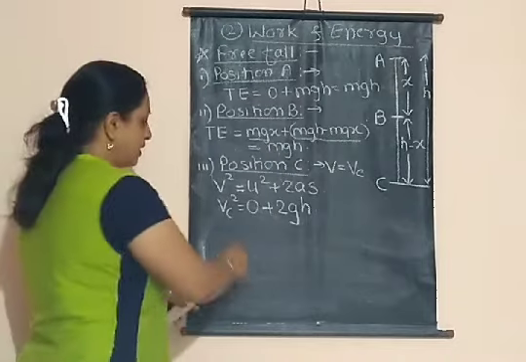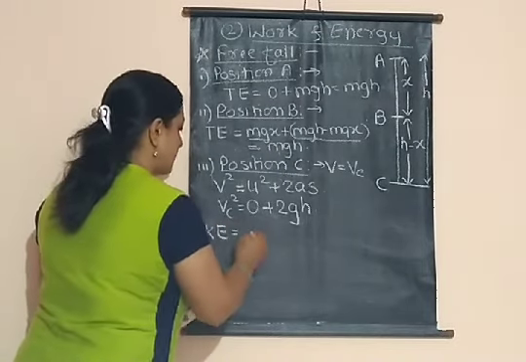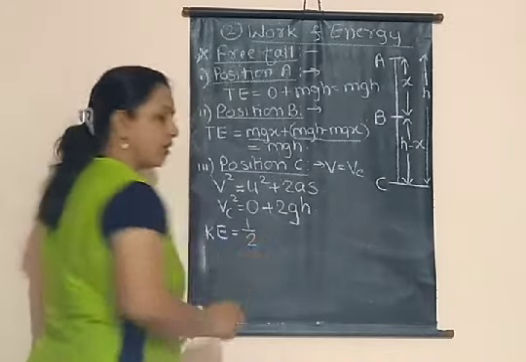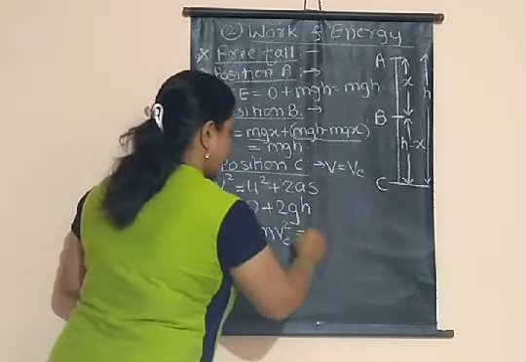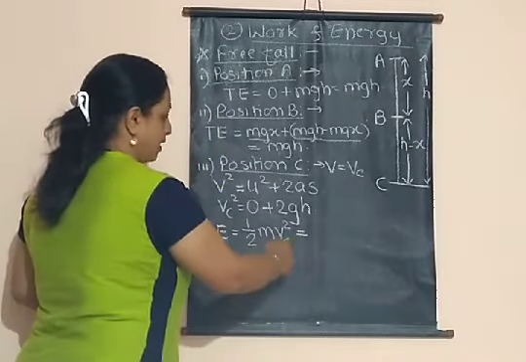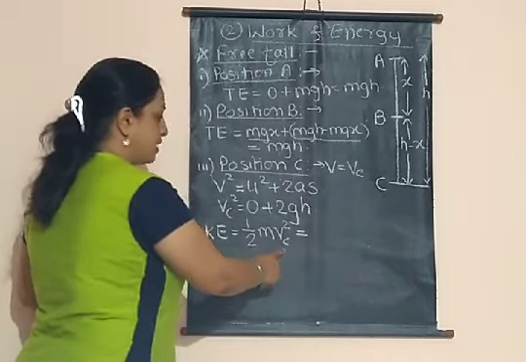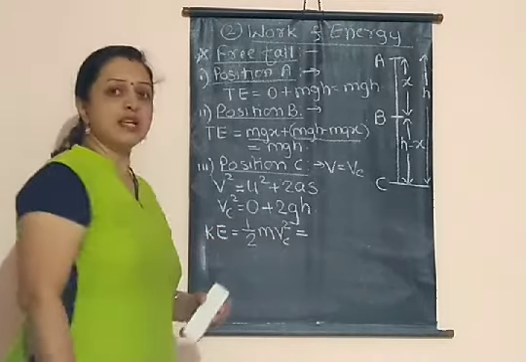And after that we have to find out the kinetic energy by using the same formula. So what is the formula? Half m vc square. By using this formula we have to substitute the value of vc here. What is the value of vc square? That is twice gh.